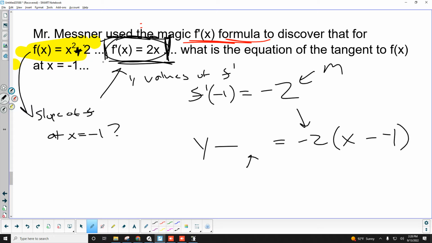Okay, since this is x squared plus 2, this is still -1. What goes there? 3. Tell your friends where you got 3 from if you got 3 at your table.